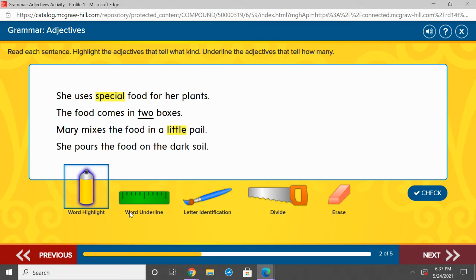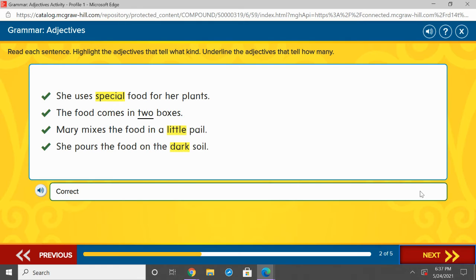Our last sentence on this one, she pours the food on the dark soil. What kind of soil is it? It is dark. Does that tell us what kind or how many? Go ahead and shout it out. Yeah, it describes what kind of soil. It doesn't tell us how many. So we're going to highlight it. Fantastic.